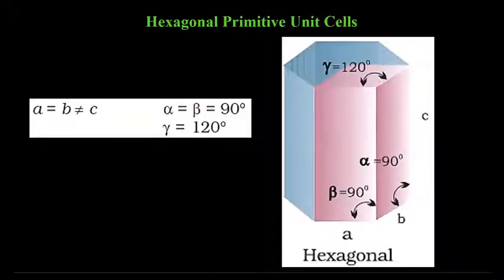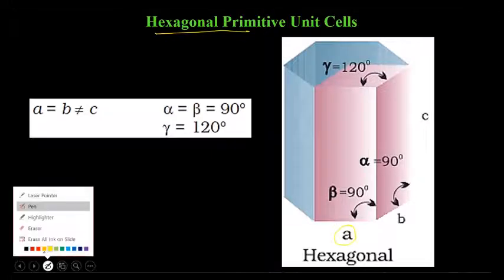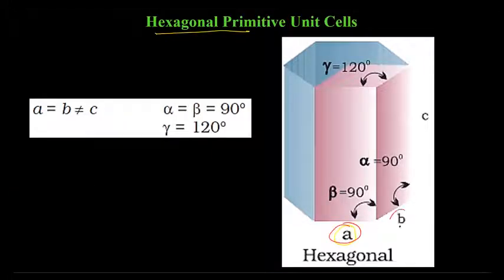Then we have hexagonal. We are talking about only primitive unit cell. Now, hexagonal, when we consider the angle, remember 90-degree angle is between A, B, and C. And here A and B are adjacent ones.